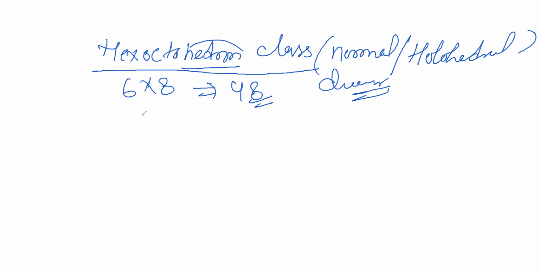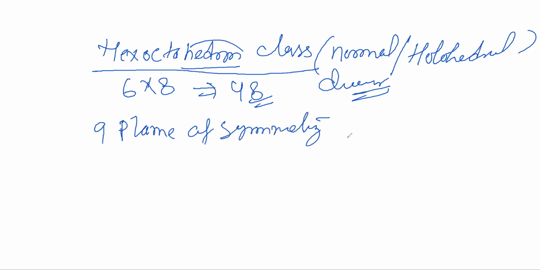So if we see the symmetry elements of this class, we have 9 planes of symmetry, and we will be seeing how they are. 9 planes of symmetry are there, and 13 axes of symmetry are there.